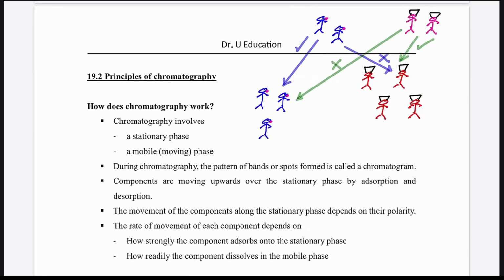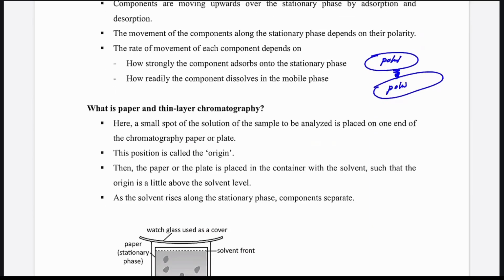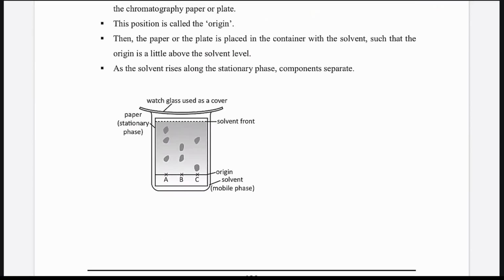Okay. So, now look at this, guys. What I was saying, if this is a polar molecule with another polar molecule, they are miscible. Likewise, non-polar miscibility is there. Now think about this situation. There are 2 types of solutions. One is called the stationary phase.